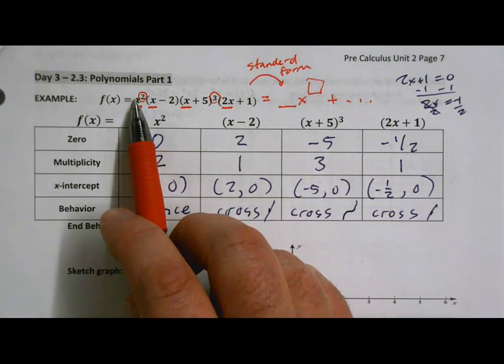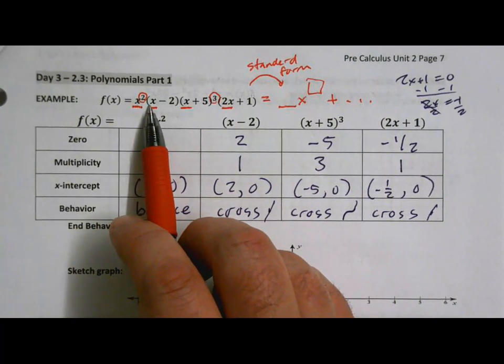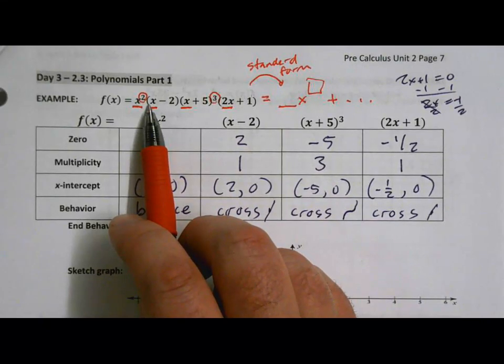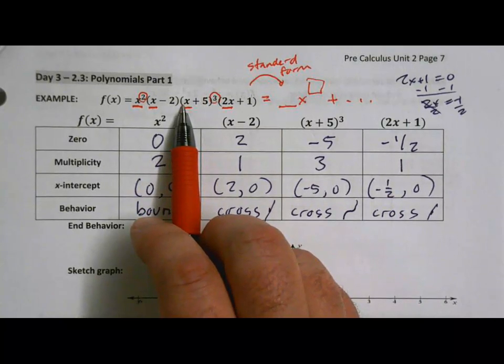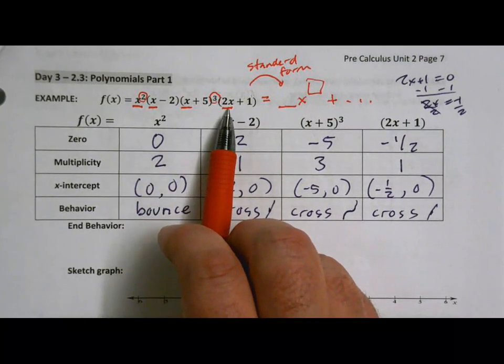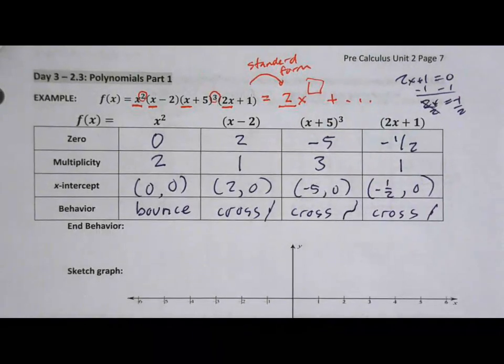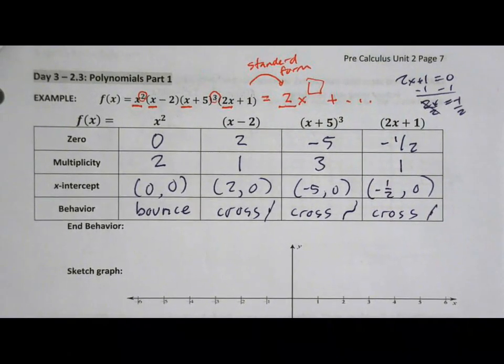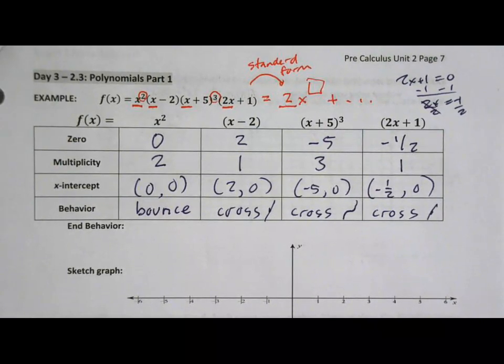Used twice, so 1 times 1. Keep this answer in your head. 1 times 1 times another 1 times another 1 times another 1 times 2. Final answer, 2. So my coefficient is going to be a 2. Are we okay with why it's going to be a 2? I'm basically just multiplying the first term in each of my factors together.